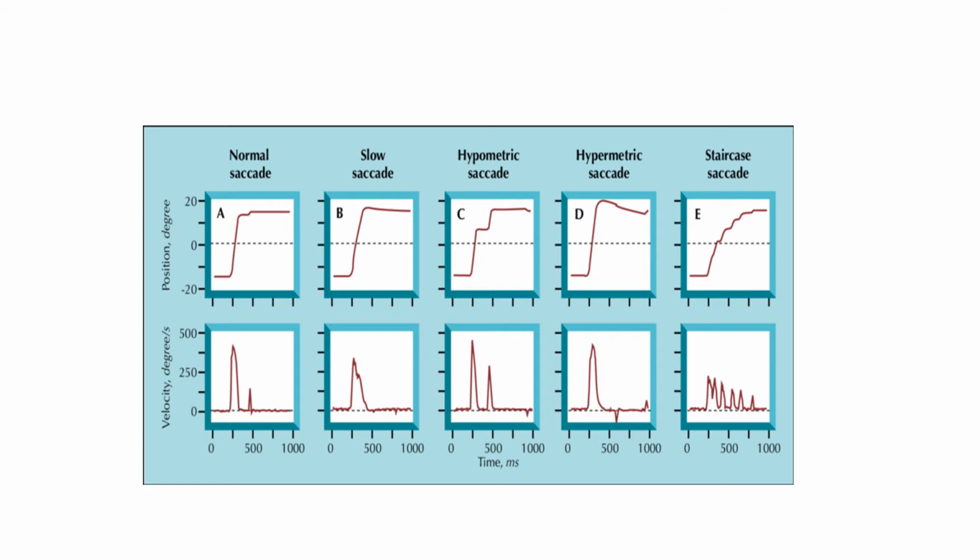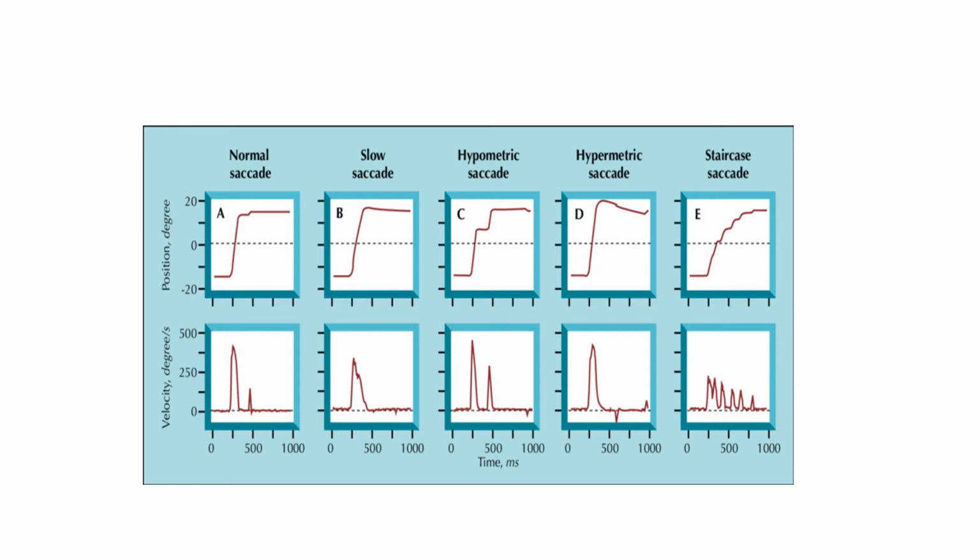C shows the hypometric saccades, or undershooting saccades. It happens when the initial saccade is too small and the corrective saccade continues onward towards the target. And D shows the hypermetric, or overshooting, saccadic eye movements.